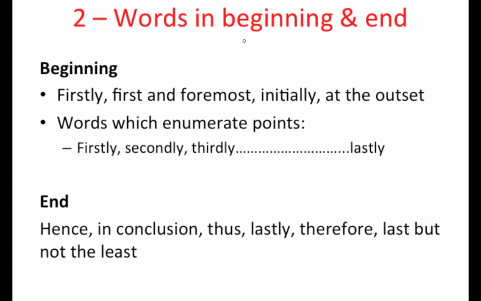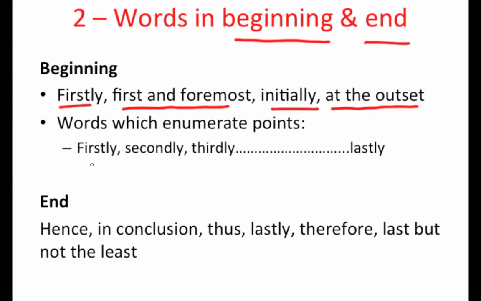Now, we like to look at some words which typically occur in the beginning of the paragraph or in the end of the paragraph. If you see this, that will give you a rough idea of how the paragraph is structured. In the beginning, typically you will find words like firstly, first and foremost, initially, and at the outset. So these are all good starting words or starting phrases.